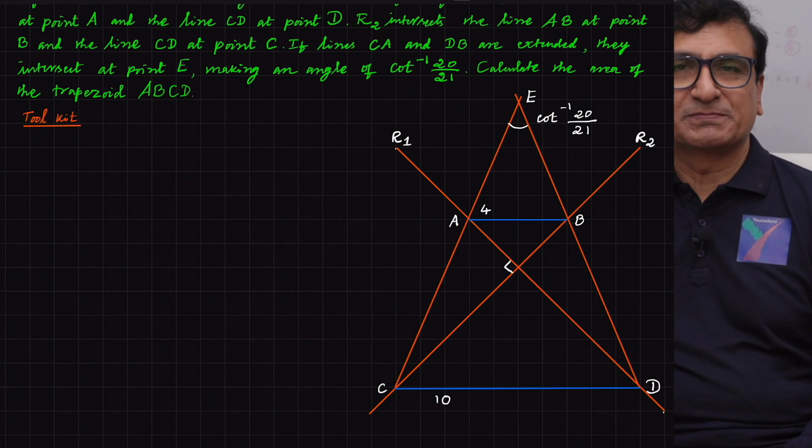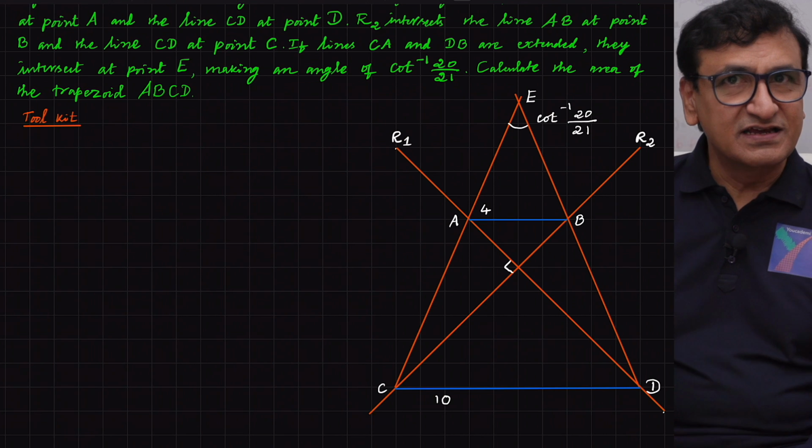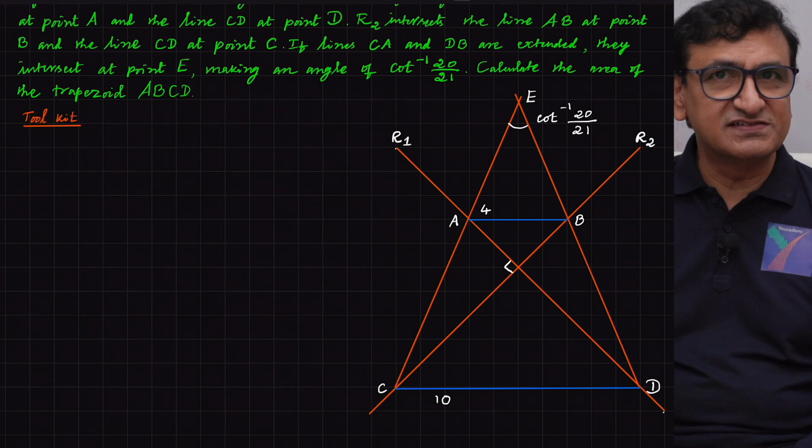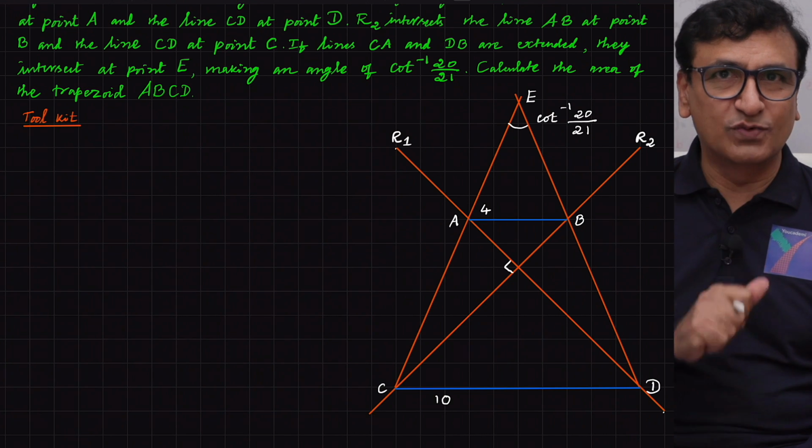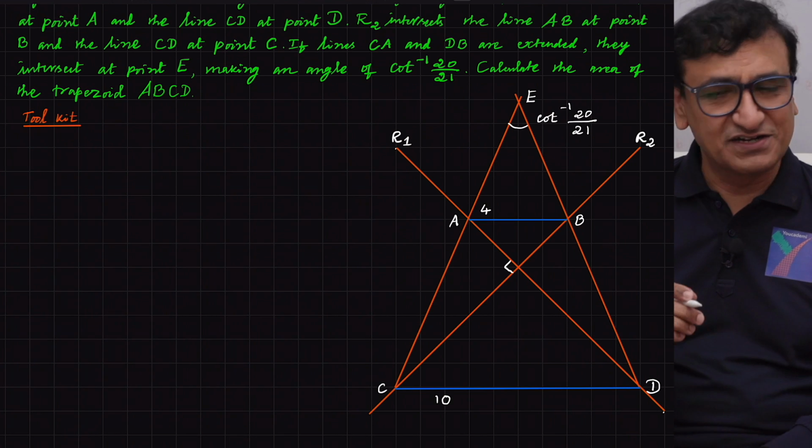My first toolkit: if you draw a line intersecting two parallel lines, the interior angles are equal. This is a property of parallel lines, correct?